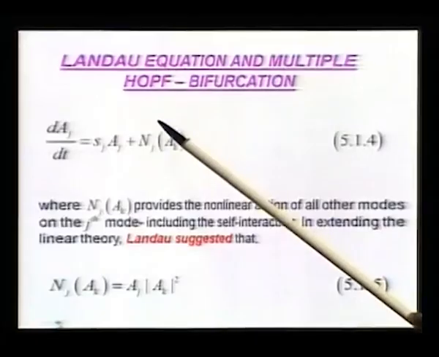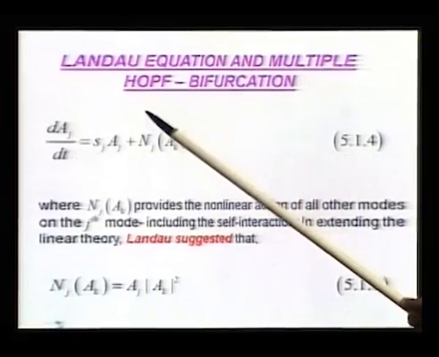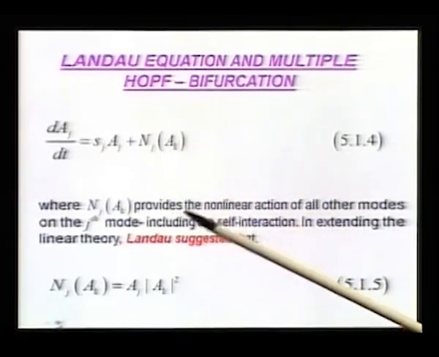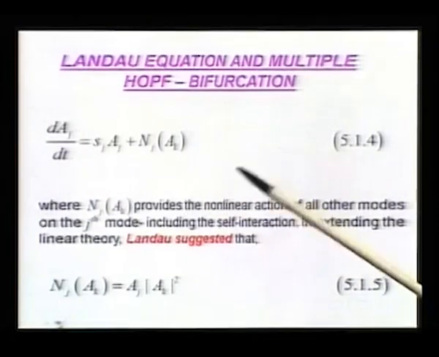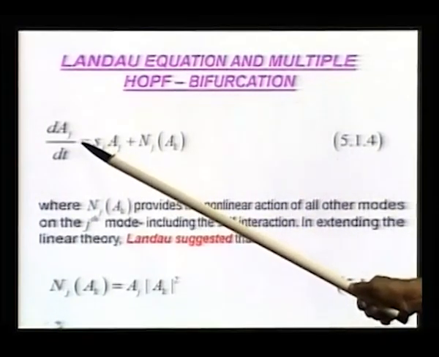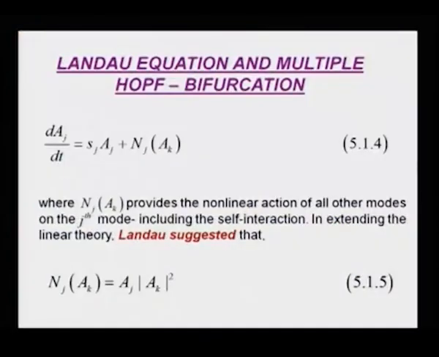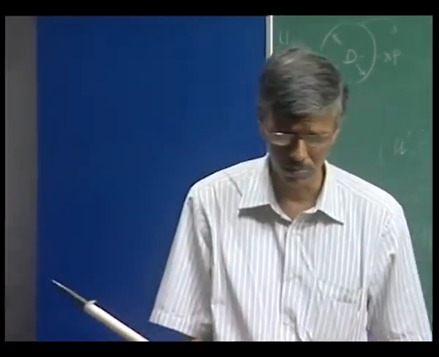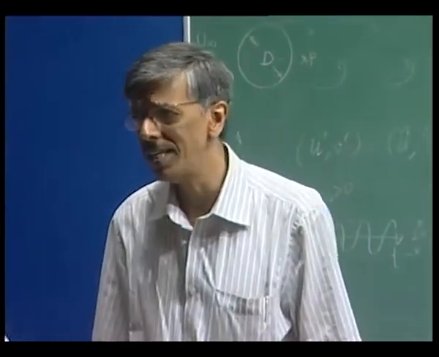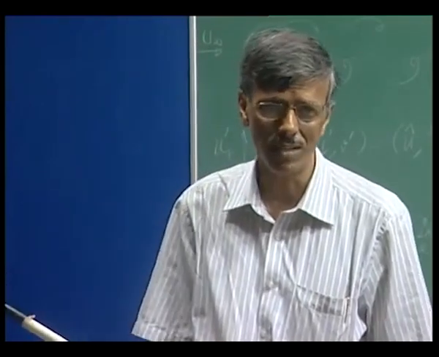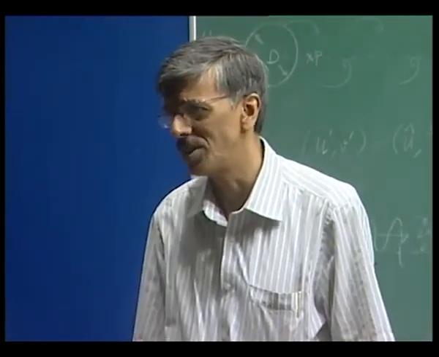Now, this is basically a catch-all term which shows all kinds of nonlinear action. And what does nonlinear action mean? We are studying here the evolution of the jth mode. So the nonlinear action can come about because there are multiple modes. See, one of the aspects that we studied beforehand was that for the linear theory, we know linearity assumption helps you in superposition.